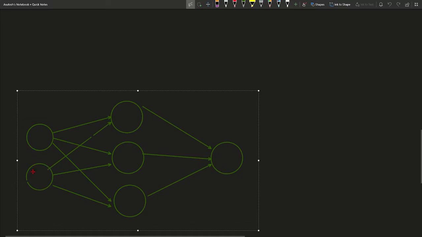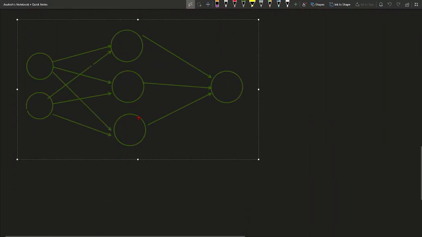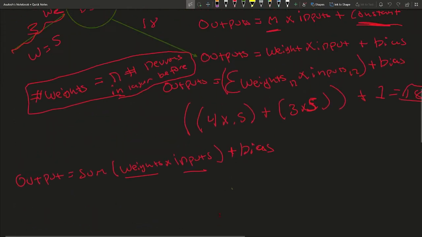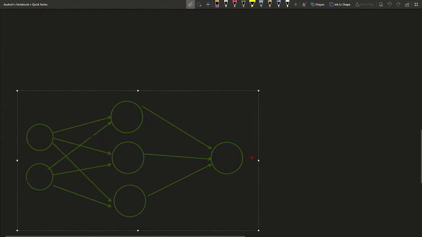So if we have two input neurons, we'll be sending those values to these three neurons in the middle respectively. This one is going to send its values to this one, this one, and this one, and the other input will do the same. These three neurons are going to use the math we talked about earlier to compute their outputs and send them to the final neuron. Then the final neuron is going to use the same equation and get the final output.